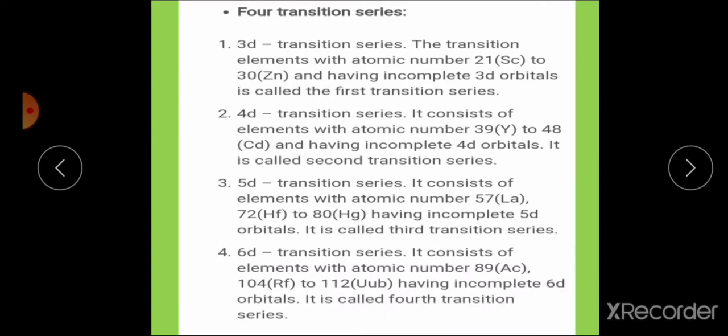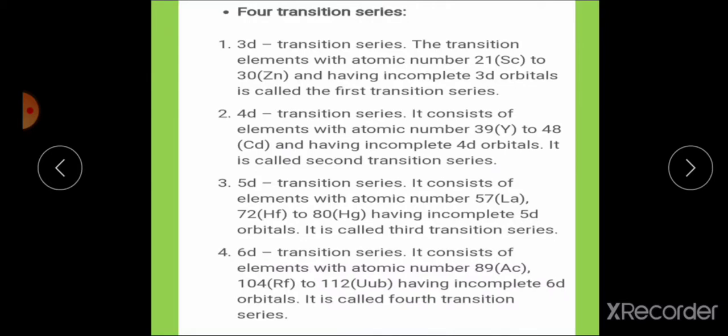Then there are 4 transition series. First is the 3d transition series, which belongs to the 4th period of the periodic table. In this series, elements from atomic number 21, scandium, to atomic number 30, zinc, are placed.